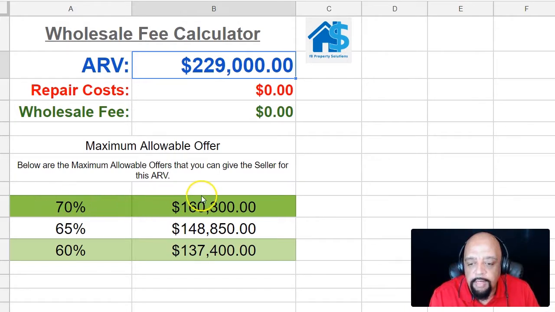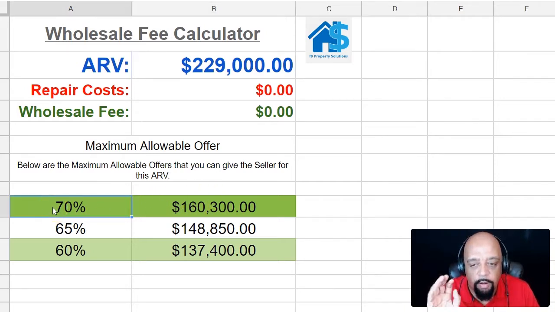It automatically builds in a profit, because you're wholesaling a contract to a rehabber or somebody that's going to buy and hold, or they're going to take that property and flip it. So they're going to have a built-in profit.